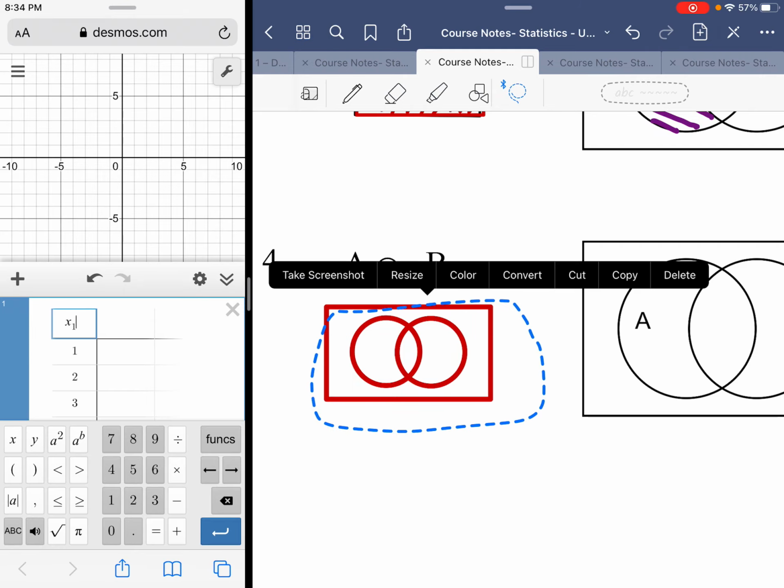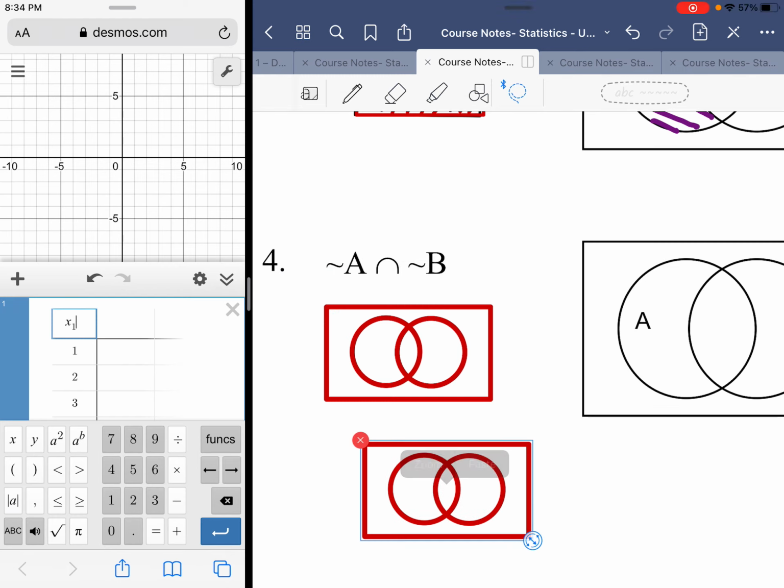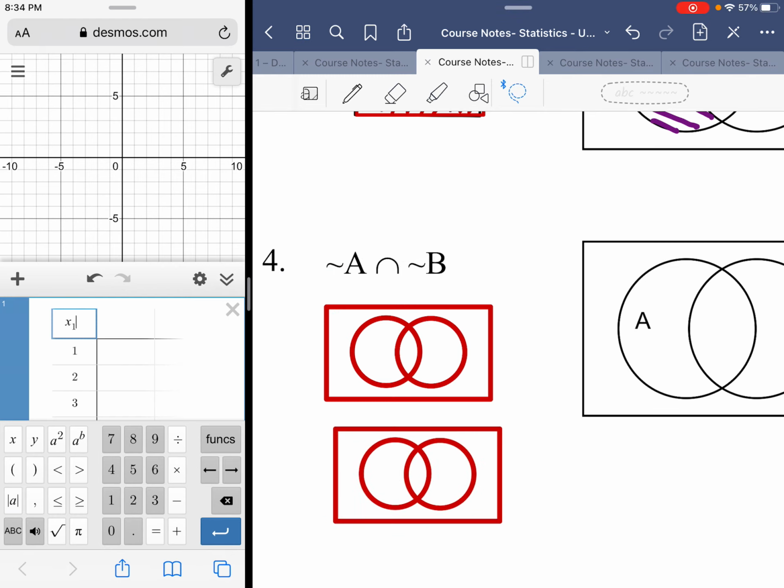All right, so this is my ordinary diagram. I'm going to split it up. I'm going to denote what not A looks like.